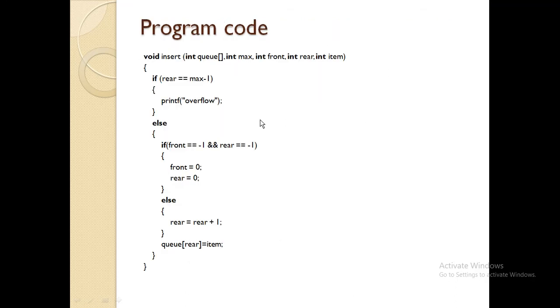Here is the code for the insert operation. If rear is at max, print the overflow condition. If this condition is not satisfied, go to the else part and check whether front and rear are at -1. If both are at -1, set them to 0, else increment the rear pointer by 1 and place the item in the queue.